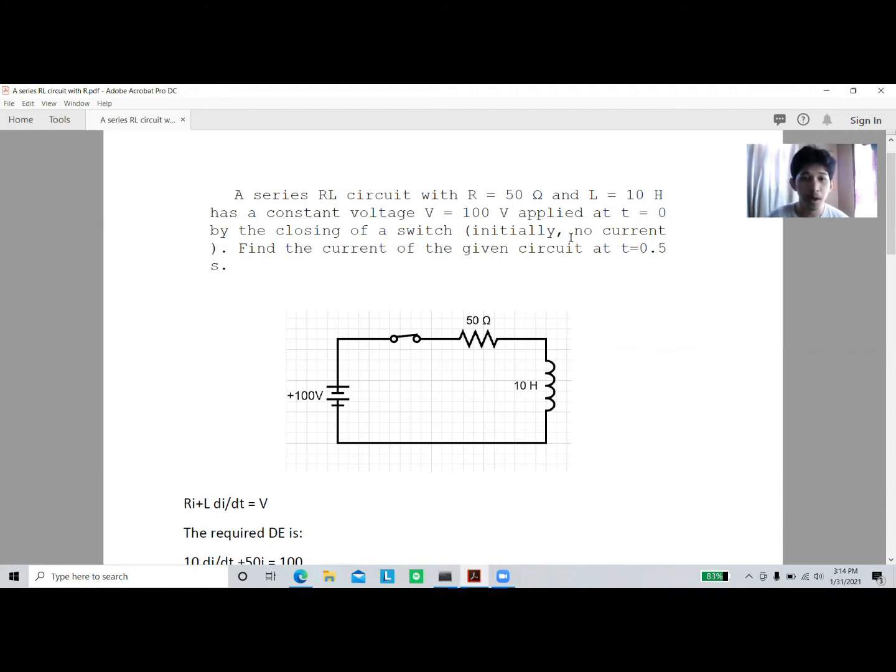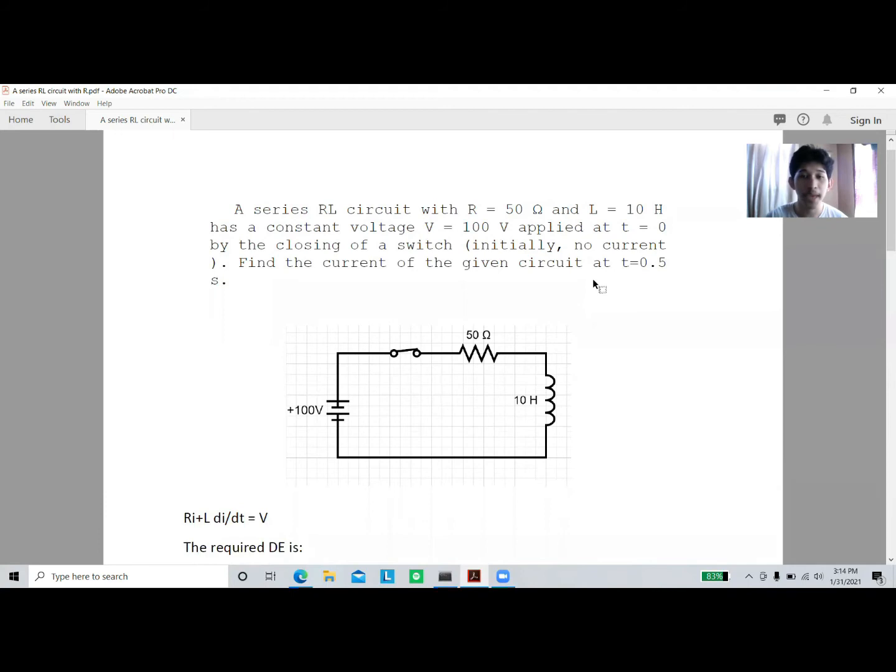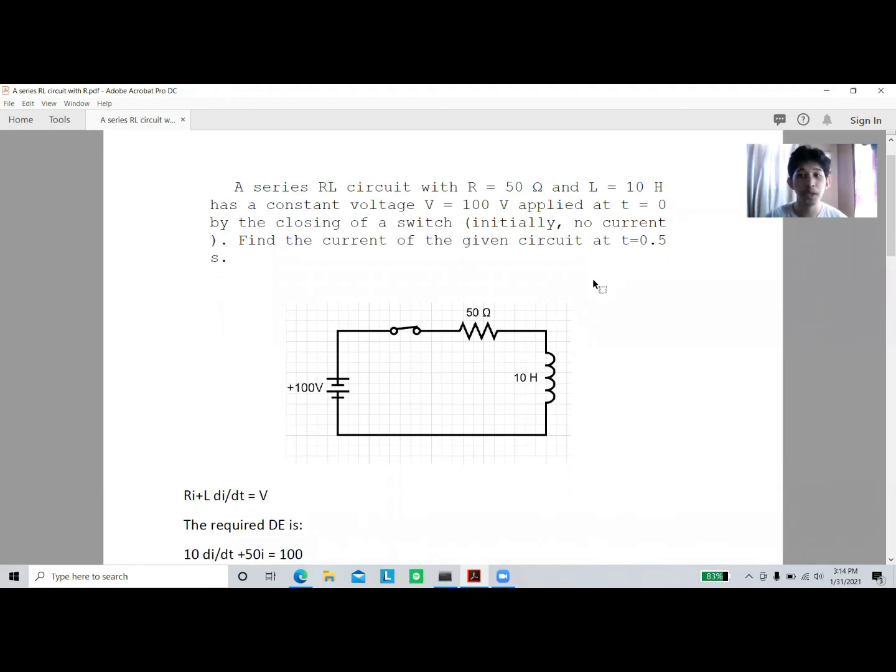So in this problem, we need to find the current of the given circuit at time t equals 0.5 seconds. So first, we are going to solve it manually before we will be using the Jupyter Notebook in programming.